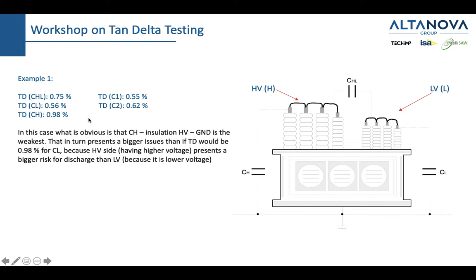Also, the reason why we have an issue here is not only because this number is the highest and closest to 1, but also because if we have an issue between the high voltage and the ground, this is where the voltage is biggest. That's why if we have bad insulation here, that means overall that we will potentially have a big issue.